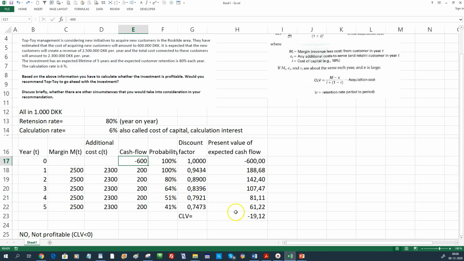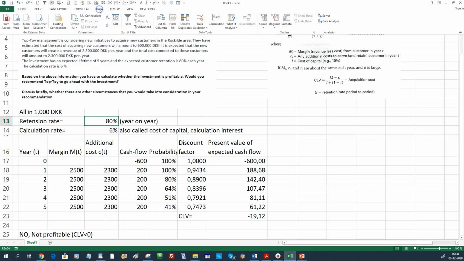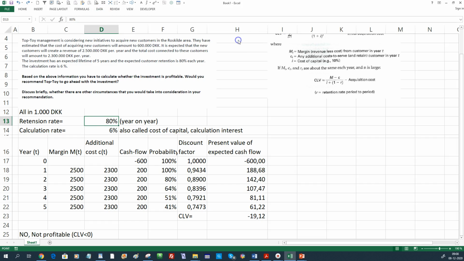Let's just take the more fancy Excel version of this. If you don't want to do this by trial and error, let us do what we've done in class sometimes. I would take Data, What-If Analysis, Goal Seek, it's målsøgning in Danish. I would say the CLV is what I'm really focusing on, set to the value of 0 by changing this cell, and see if that works.